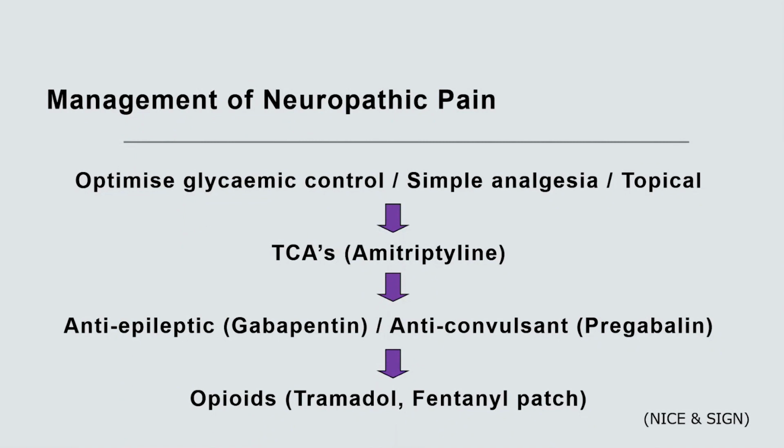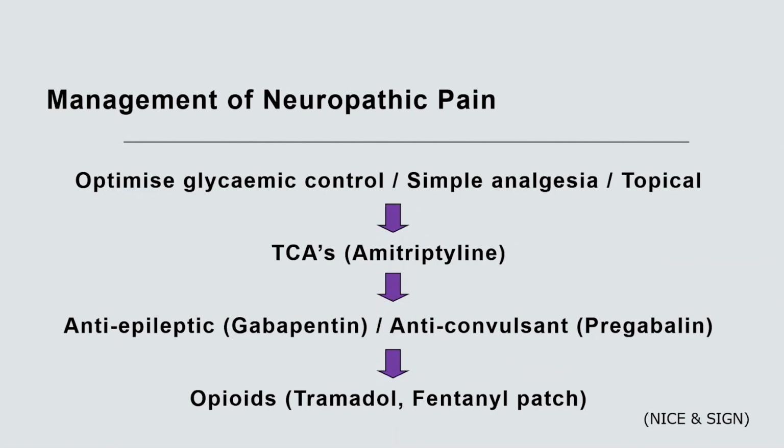Some of these other agents, like the anti-epileptic drugs gabapentin, and I've included an anticonvulsant drug, pregabalin, as well, but gabapentin does have a street value and is potentially associated with addiction. So you've got to be careful about people that are maybe asking for drugs by name, particularly gabapentin.